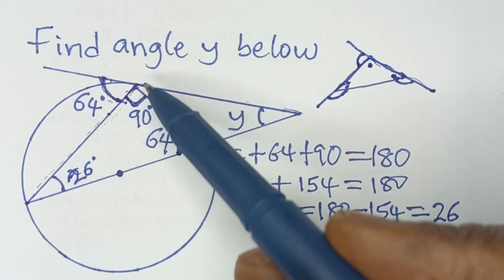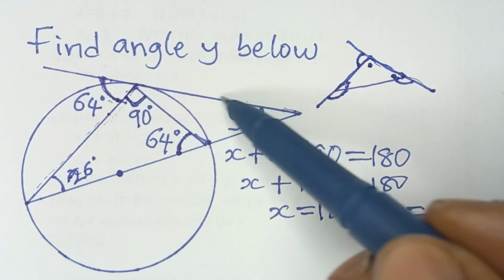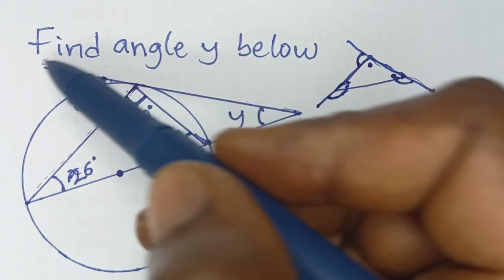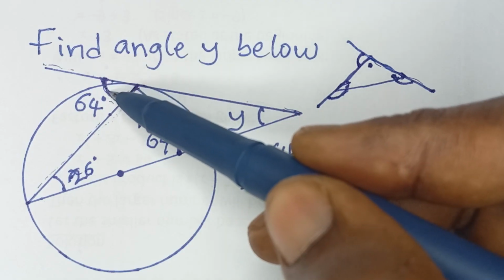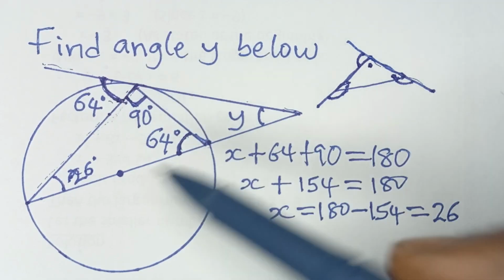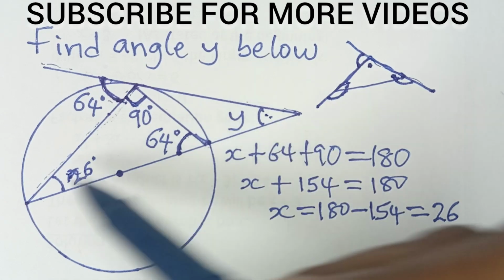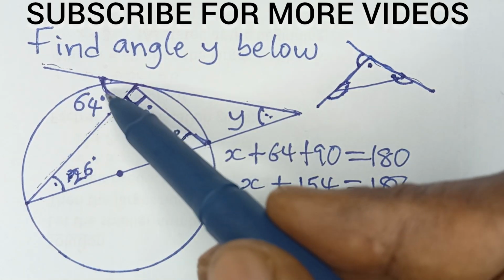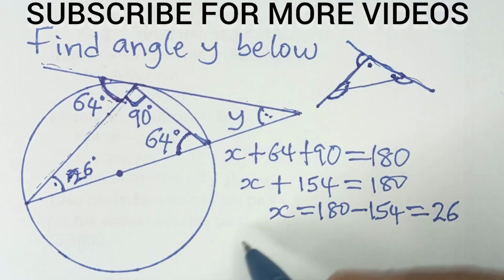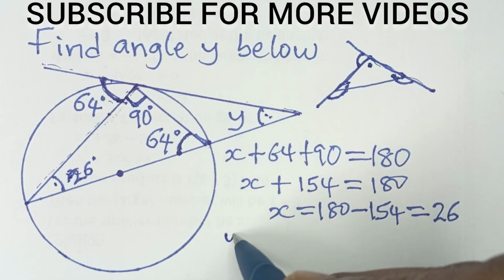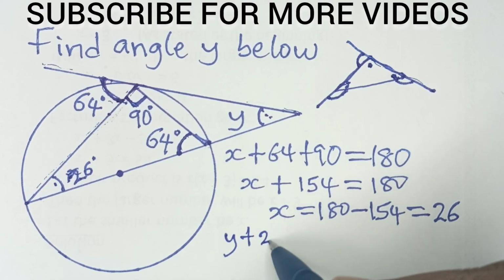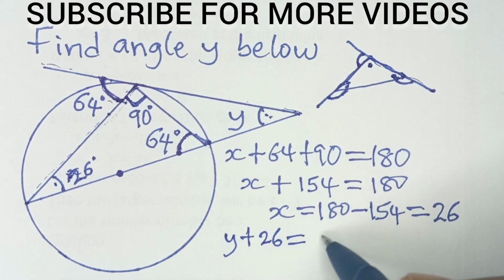So if we look at this triangle now, this line has been traced outside like this to form this exterior angle 64 degrees. So that means this 26, that's the two opposite interior angles, y and 26, add up to give us 64. So I can simply write y plus 26 will be equal to 64.